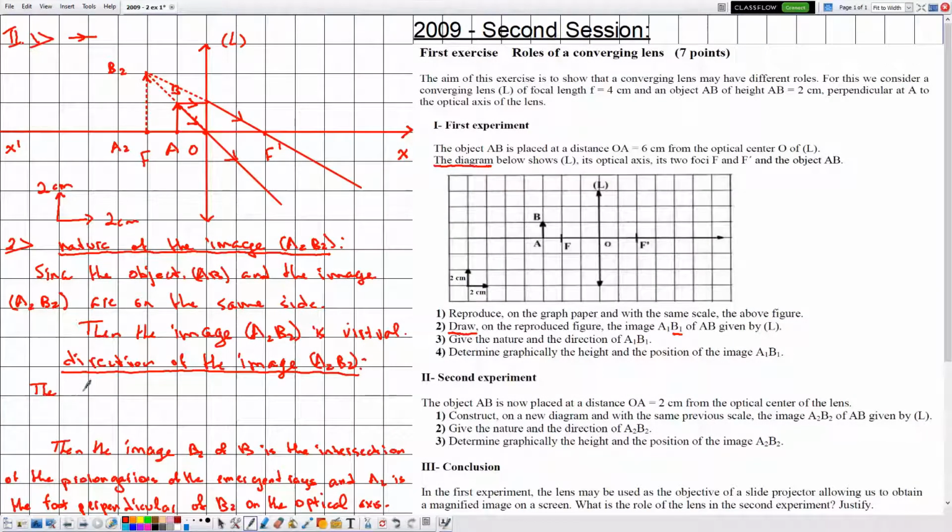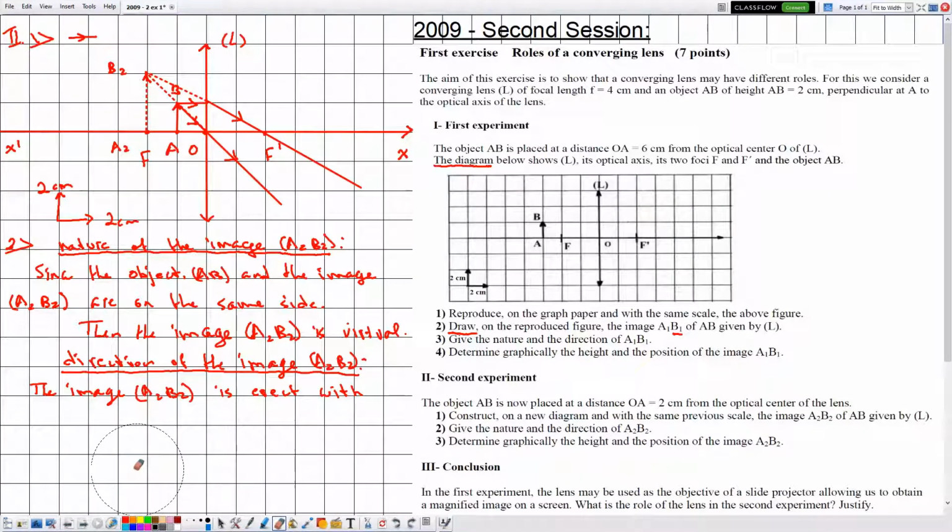Then the image A2B2 is erect with respect to the object AB.